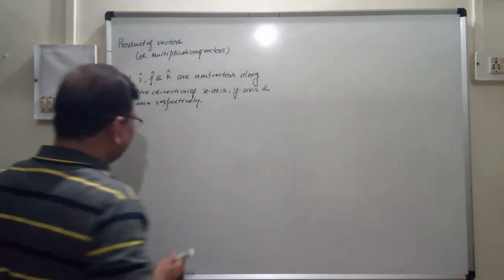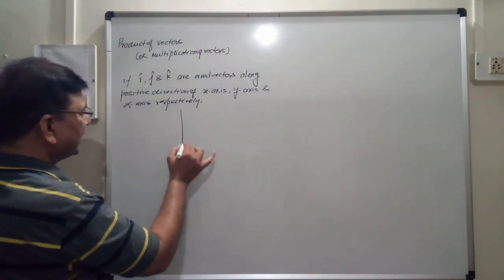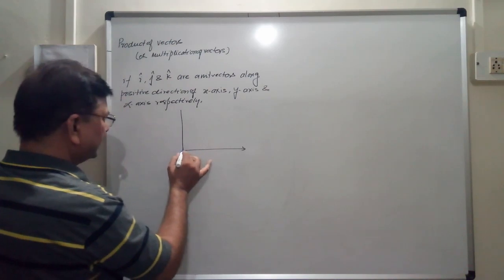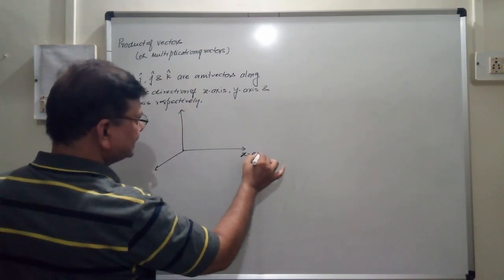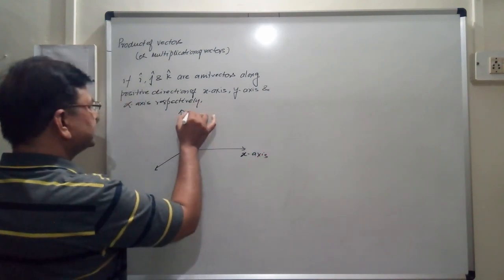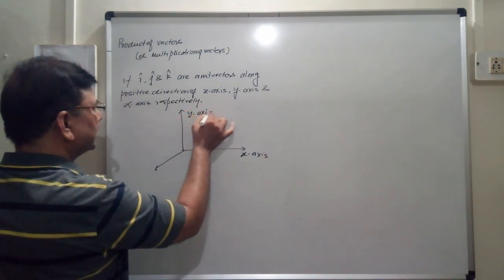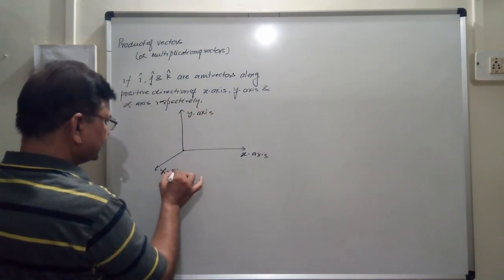See, it can be represented like this. This is the x-axis, this is the y-axis, and this is the z-axis.